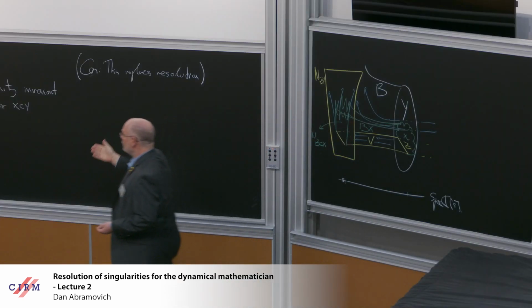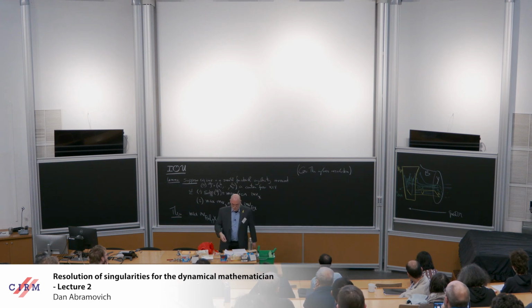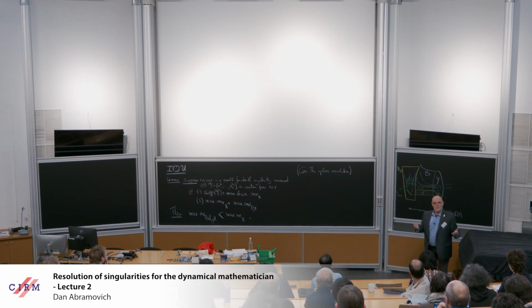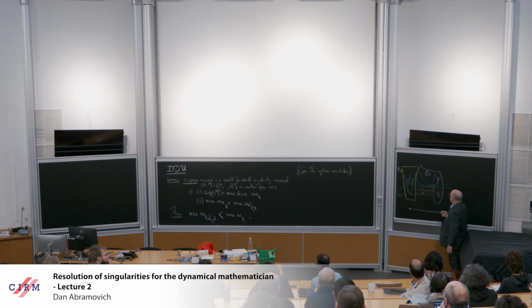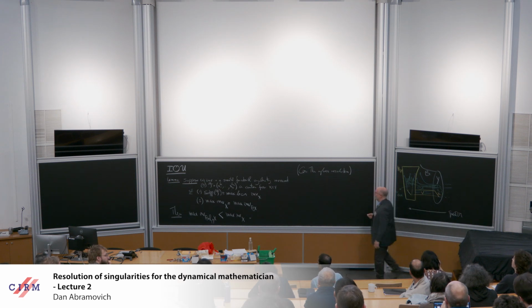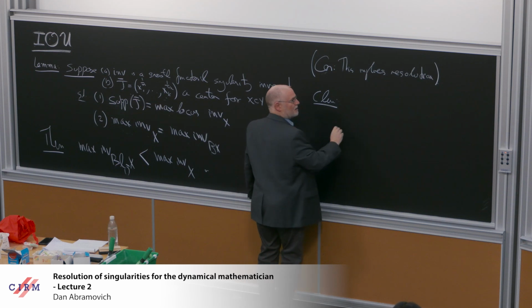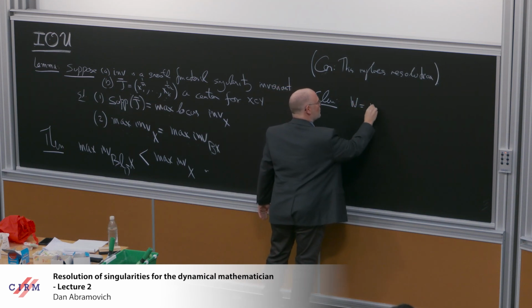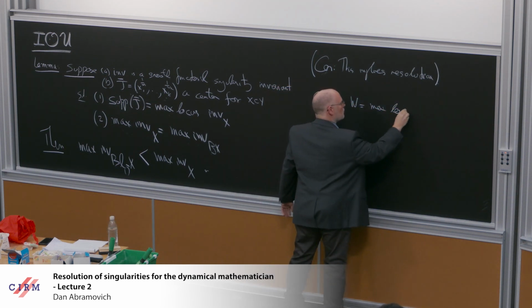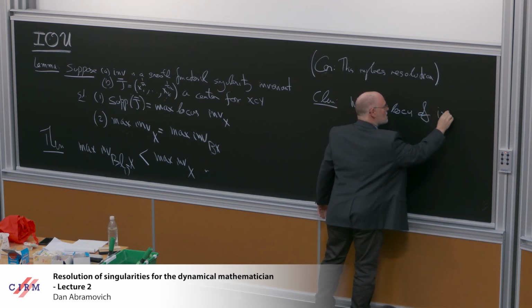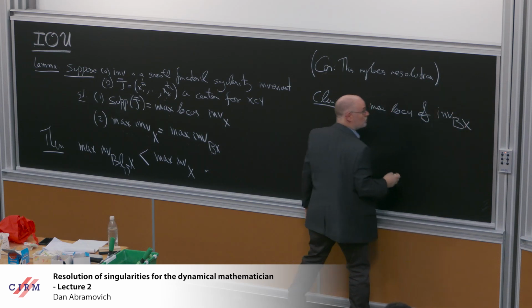Okay, and the proof of this lemma is completely geometric. So being geometric, I can just stand at the picture and wave hands, and you'll know that it's true. Okay? So, first claim. Say W is the maximum locus of the invariant on Bx.